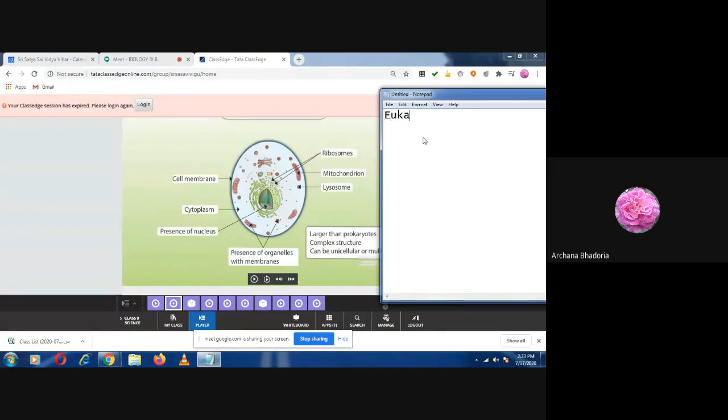Eukaryotic cell. The second type of the cell is the eukaryotic cell. This word is derived from EU, which means advanced. What is the meaning of it? Advanced. And the karyon word means what?